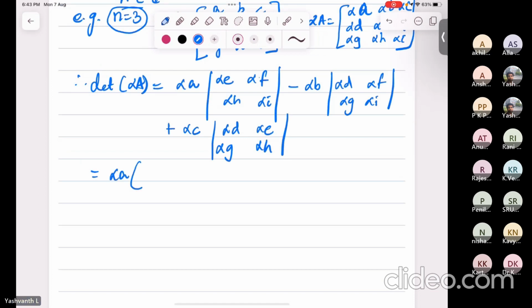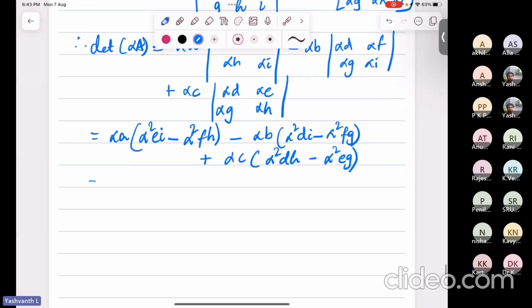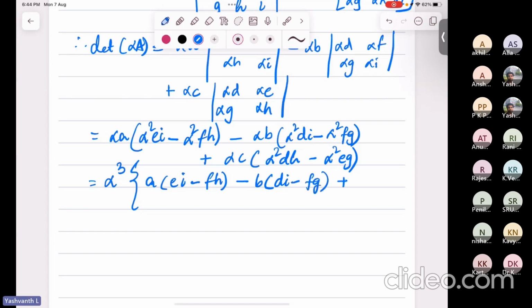αA into (α²EI minus α²FH), minus αB into (α²DI minus α²FG), plus αC into (α²DH minus α²EG). Okay. Now take α common, it becomes α³ of A times (EI minus FH) minus B times (DI minus FG) plus C times (DH minus EG).